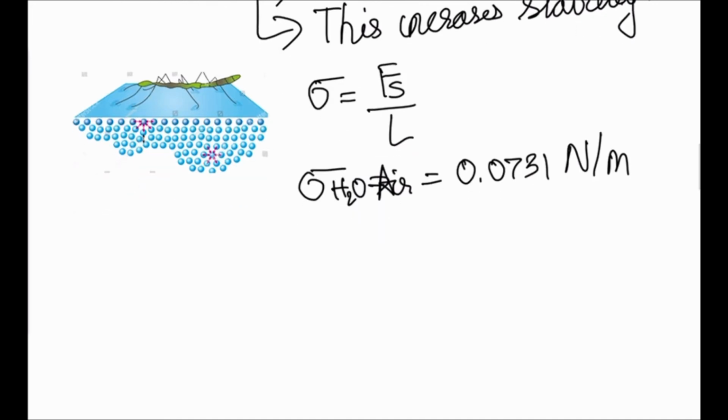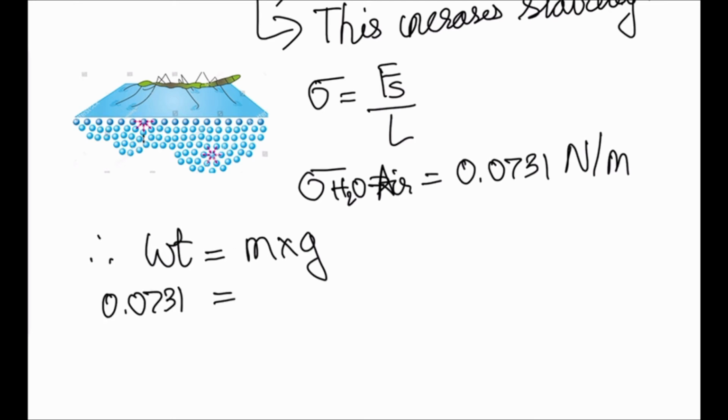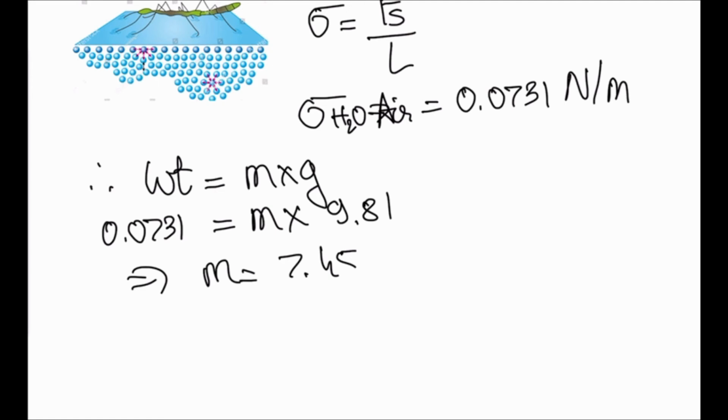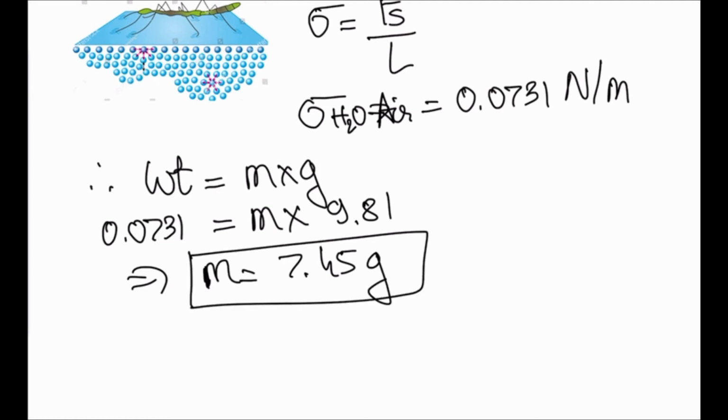Therefore, this 0.0731 is in Newton. Weight is m into g. So 0.0731 is the weight, and we need to find m, taking g as 9.81. If we convert it into grams, m is 7.45 grams. Otherwise it is 7.45 into 10 raised to minus 3 kg.